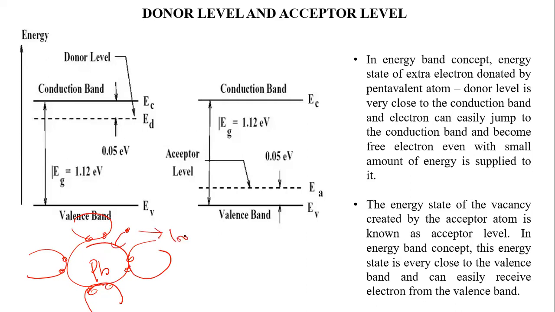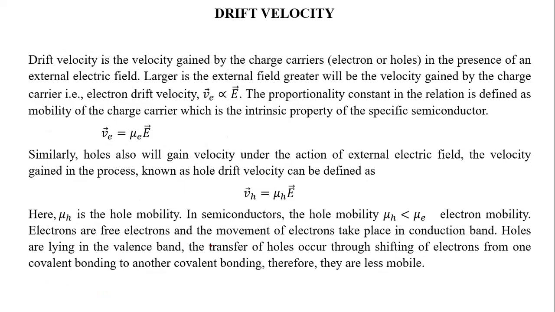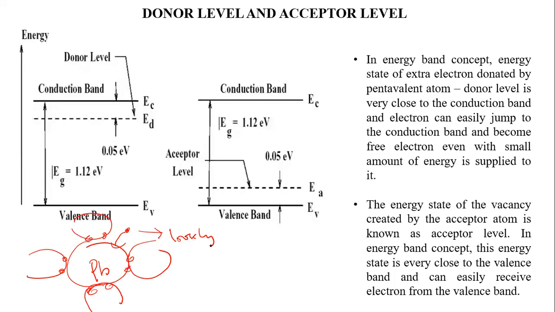So by giving even a very small amount of thermal energy, that is, at room temperature 3/2 kT, the thermal energy will be sufficient to dislodge this electron and make it a free electron.